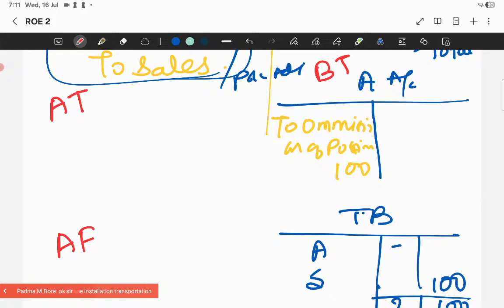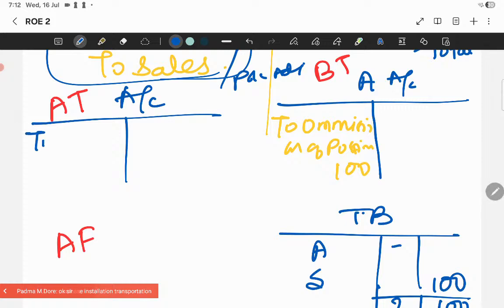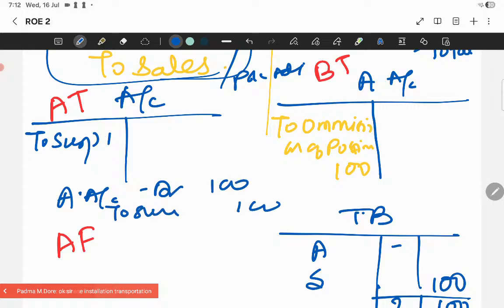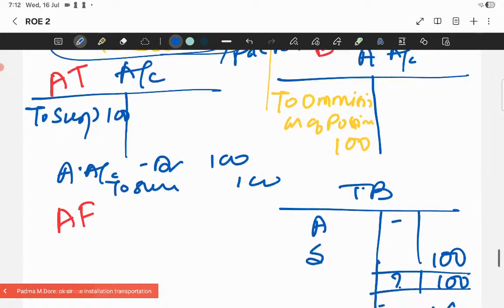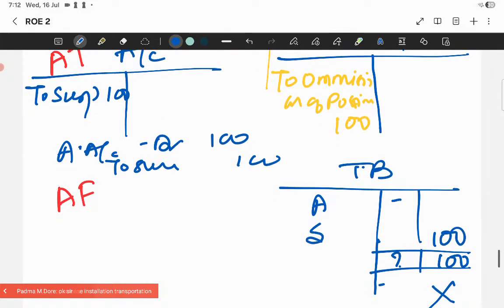Now, coming to this, A's account, if it is after trial balance, what will we write? Instead of this, I write to suspense account. That's why the journal entry will be A's account debit to suspense account. Amount is 100, and here it will be 100. Have you understood this?